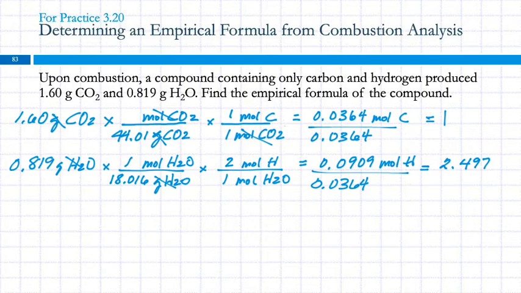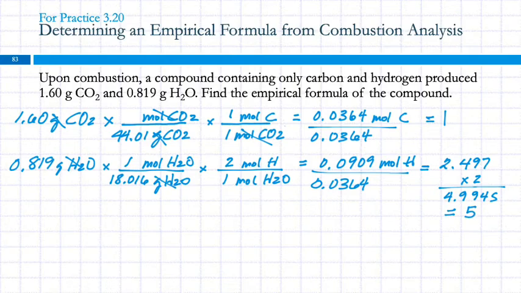Can I round that? No. That's basically 2.5, right? So I'm going to multiply this by 2 to see if I can get a whole number. Times 2, and then I get 4.9945. Can I round that? Yeah, I can call that 5.